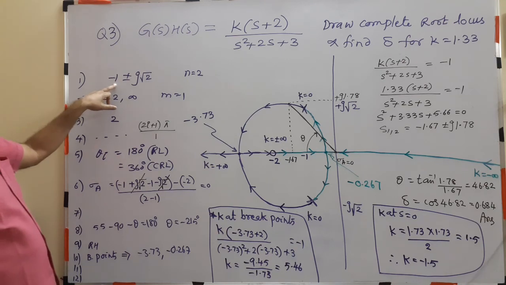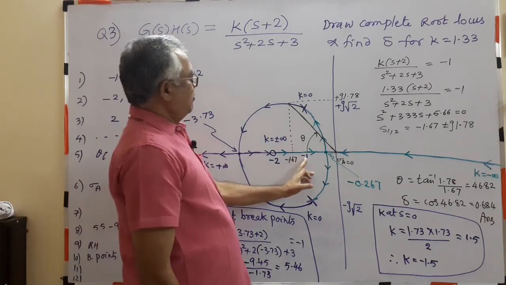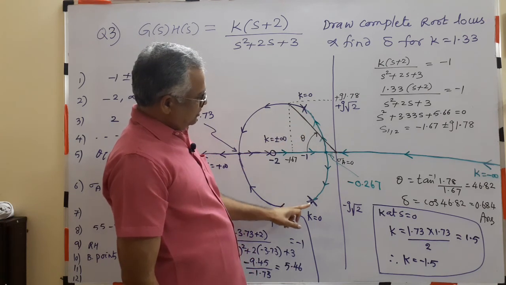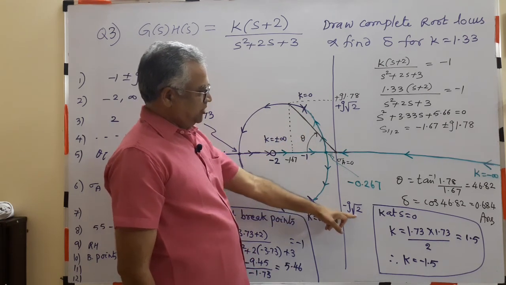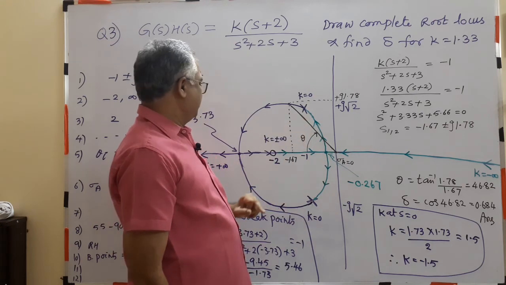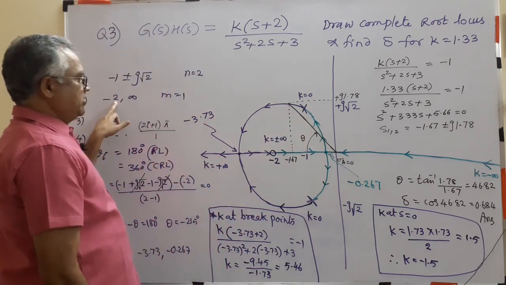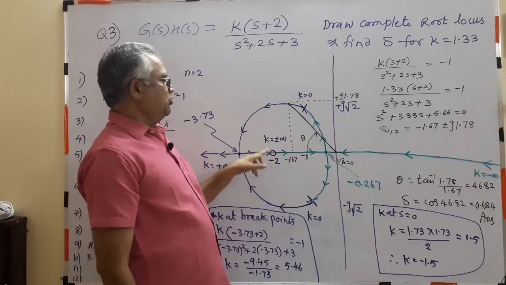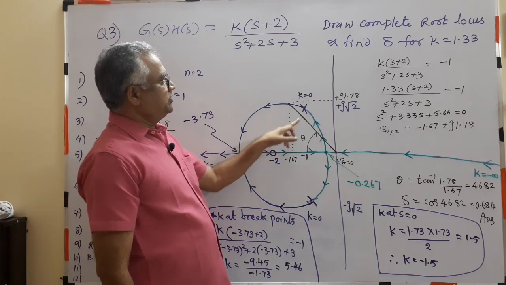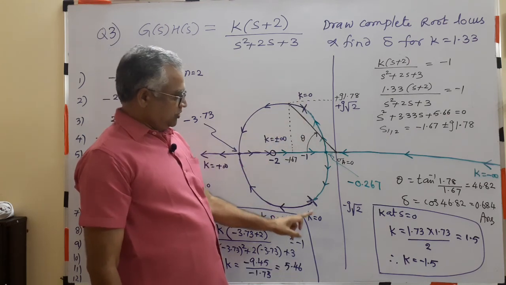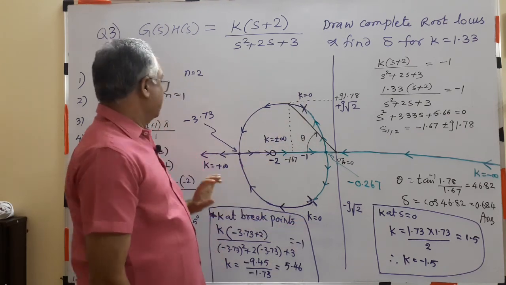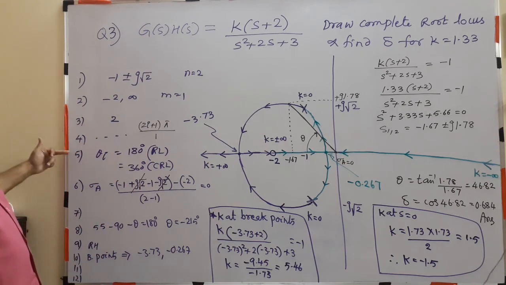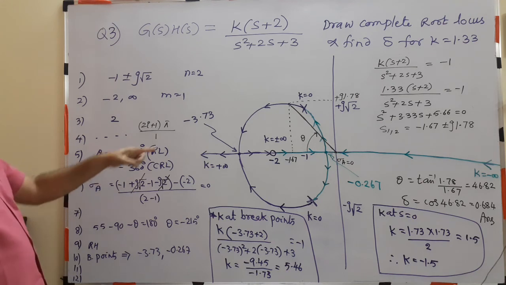And we have 2 poles: minus 1 plus j root 2 is one pole, and this is minus 1 minus j root 2. We have 1 zero at minus 2. So at the zero, k equal to plus or minus infinity. At the 2 poles, k equal to 0. These 2 points are over. Third, fourth, fifth, sixth done. So the first 6 points are over.